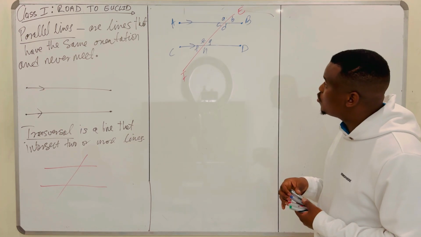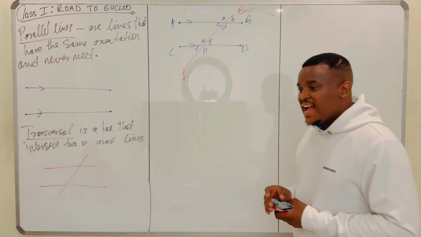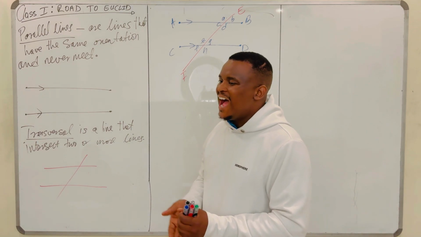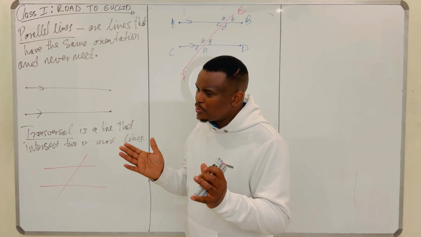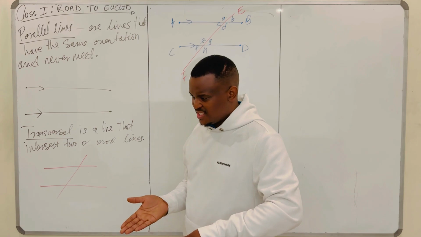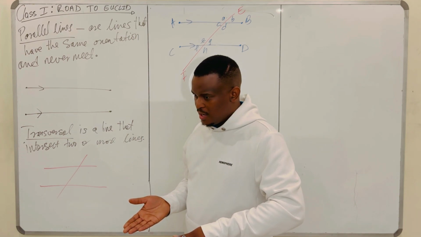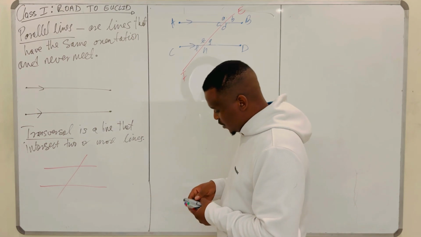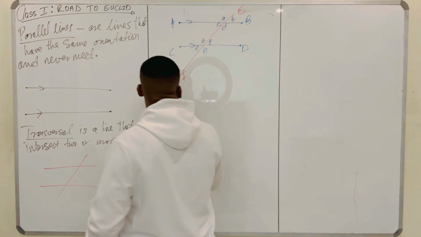Corresponding angles, in simple terms, are the angles that are sitting in similar positions between the lines and the transversal. So, tell me your corresponding angles.